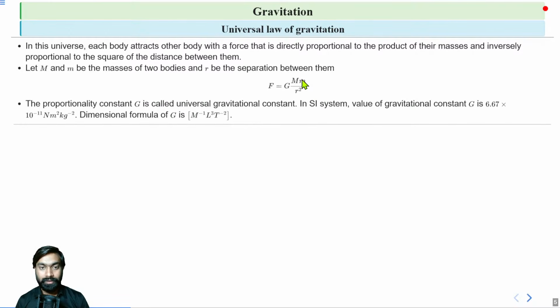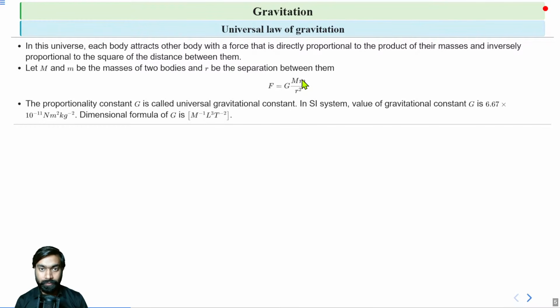Now, if we talk about the symbols, constants and their SI unit and dimensional formula. Here capital G is the proportionality constant, and this proportionality constant is known as the universal gravitational constant.